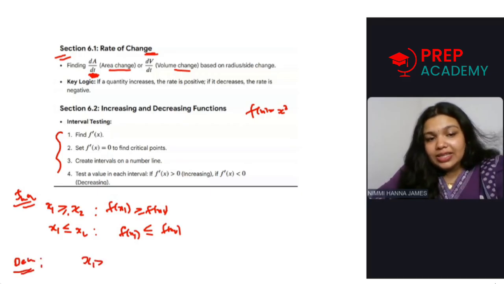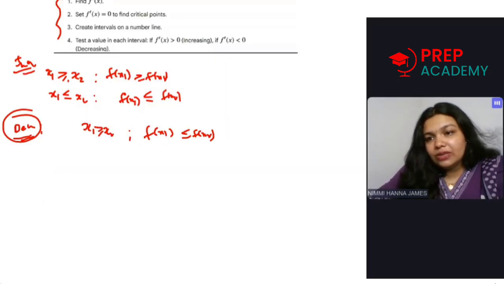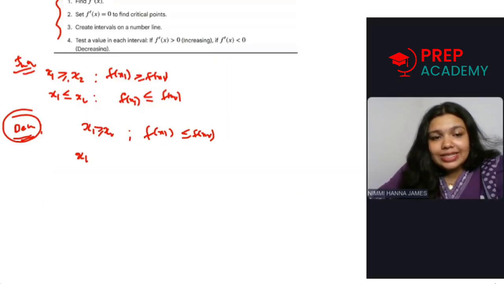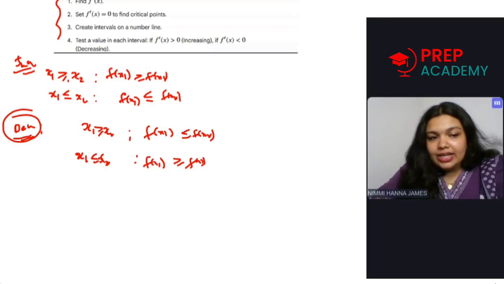If x1 is greater than or equal to x2, then f of x1 is less than or equal to f of x2. And if x1 is less than or equal to x2, then f of x1 will be greater than or equal to f of x2. If it shows the opposite character, then that is a decreasing function. So these are the definitions.